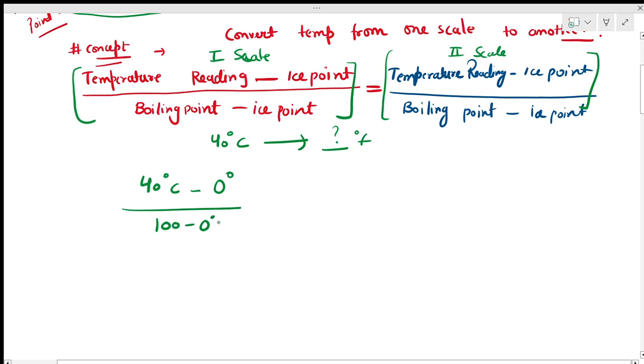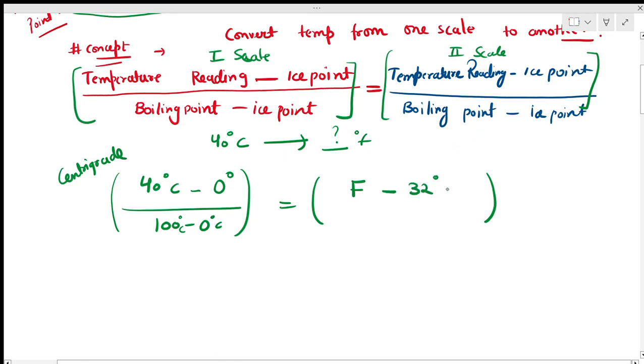And here we will use the Fahrenheit scale. Here I used the centigrade scale, and in the unit in which you have to convert, you will use the Fahrenheit scale. So temperature reading in Fahrenheit I have to calculate: F minus ice point, 32 degrees Fahrenheit, and boiling point is 212 minus 32, which is 180, right?